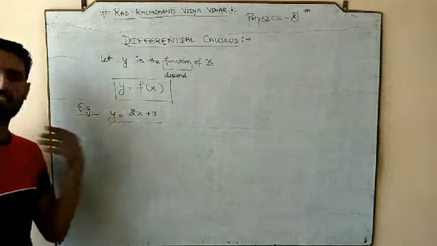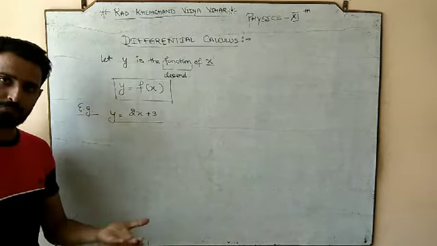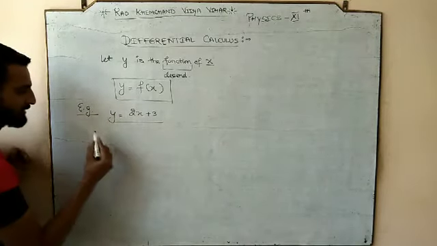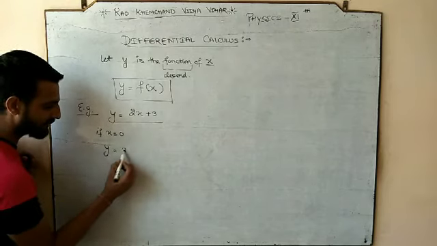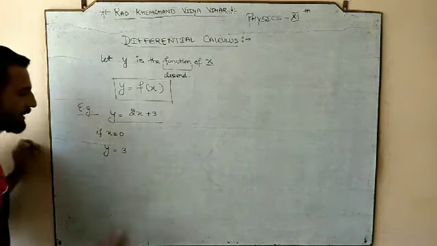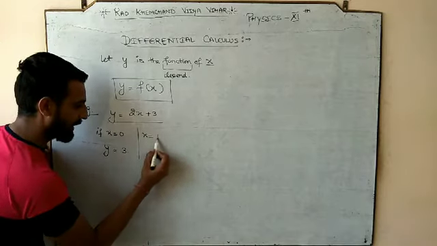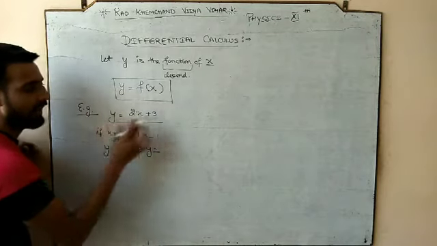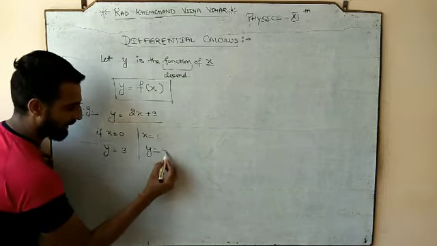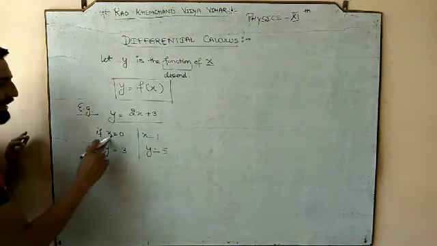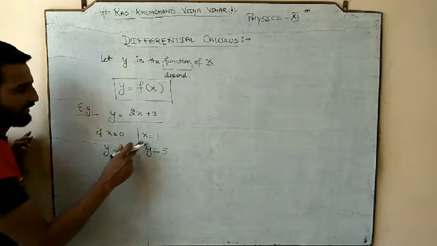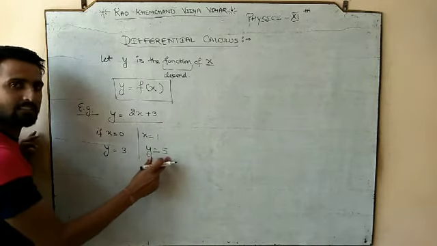Means when x is 0, y is 3. Clear? If x is 1, y is how much? x is 1, y is 5. So if x is 0, y was 3, and if x is 1, y is 5.